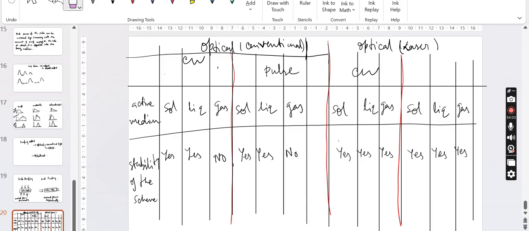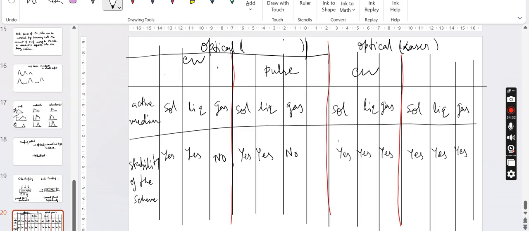But for CW as well as pulse mode laser, when you are using laser pumping, the suitability of the scheme is for solid, liquid, and gas. But it is more prominent to use in the gaseous method.